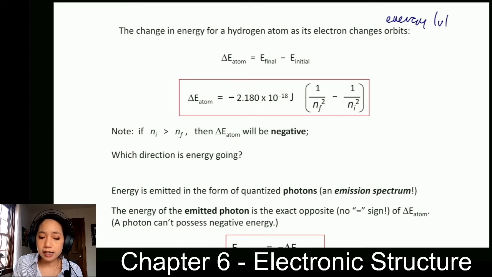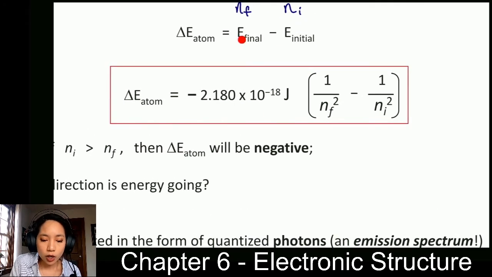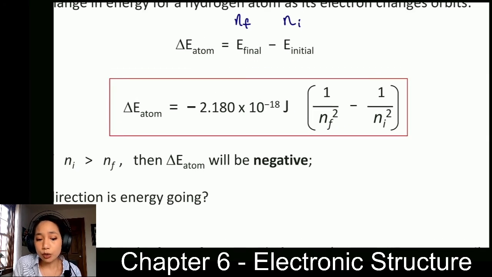All it is, is E final minus E initial. This is the energy of the photon that is emitted. So it's E final minus E initial, using its final n value and its initial n value. All right, so each one of these energies can be calculated using that equation above. So we can actually combine that equation to include both of these n values because they will be different.